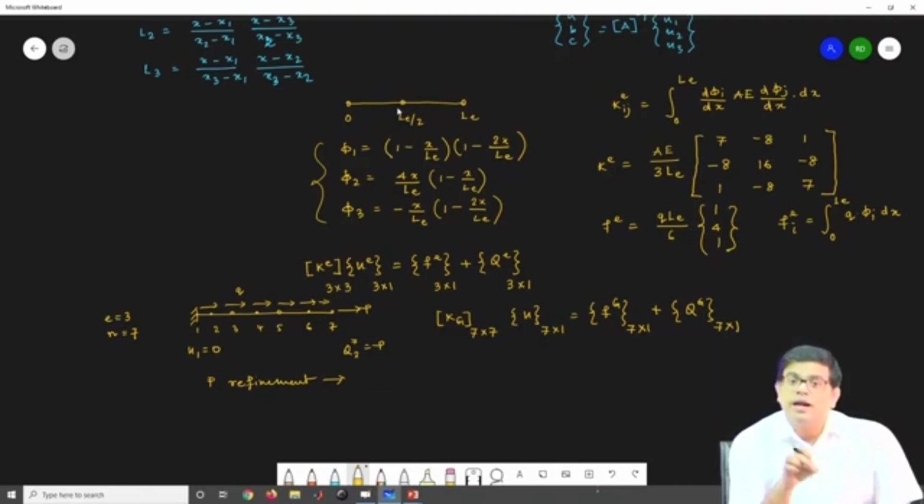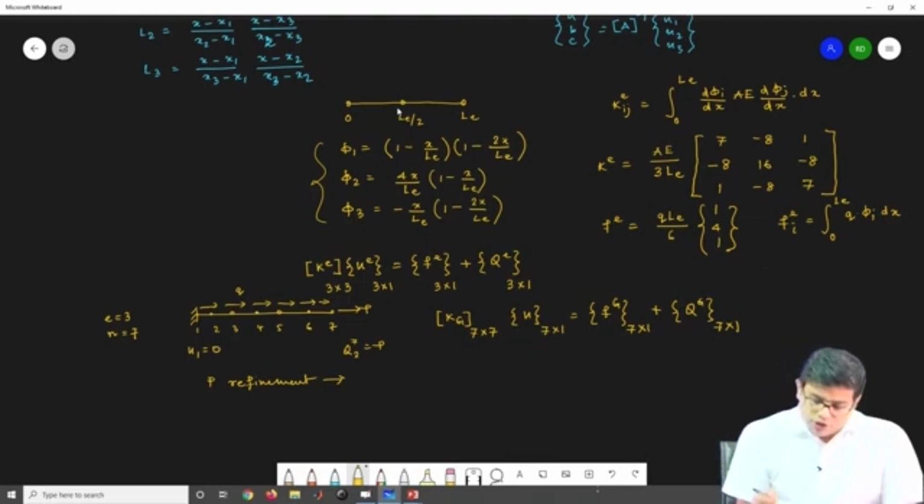We can place the node at 1/4 from the first node. So something like a quarter point element you can think of. So this is known as the P refinement of the problem.